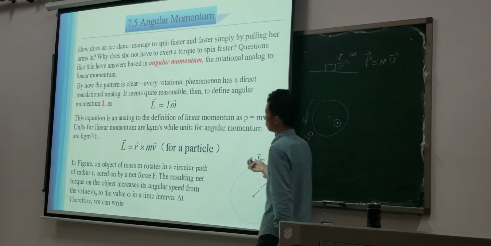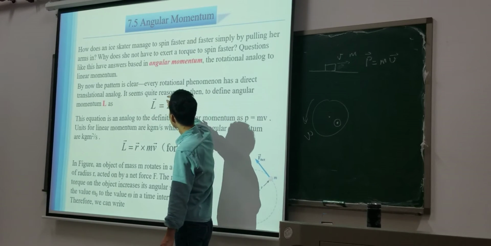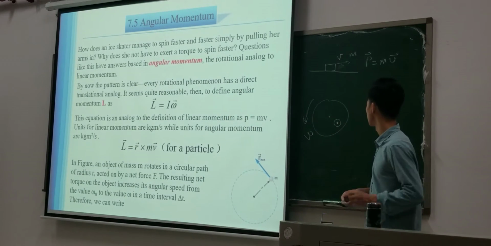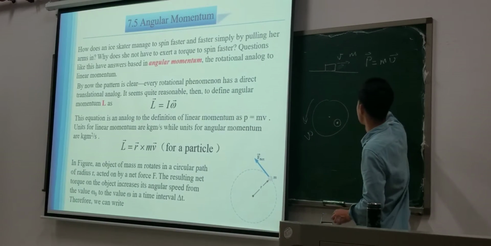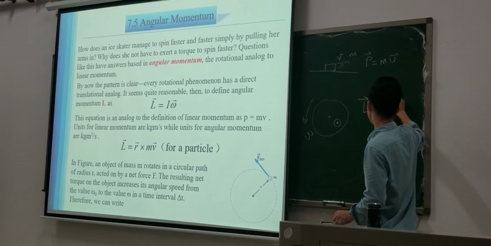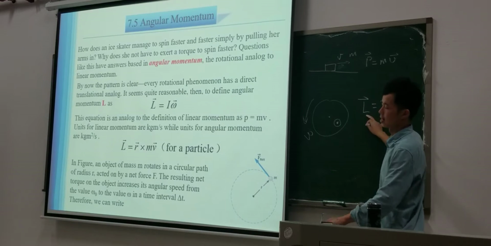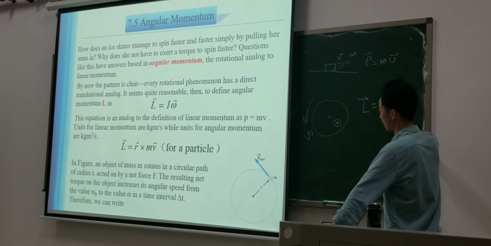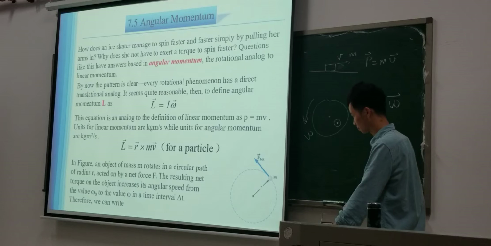So the angular momentum L is also a vector. L is defined as I times omega. So the L has the same direction as the omega.